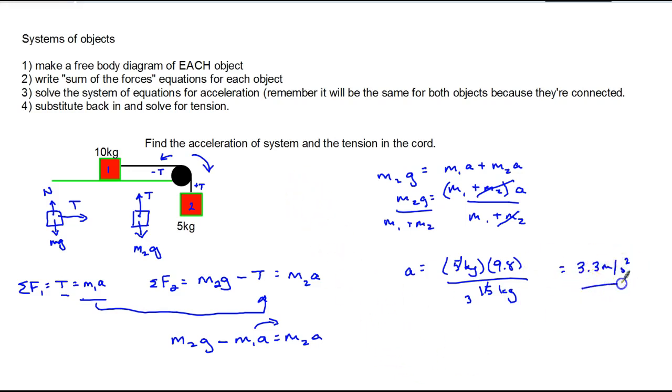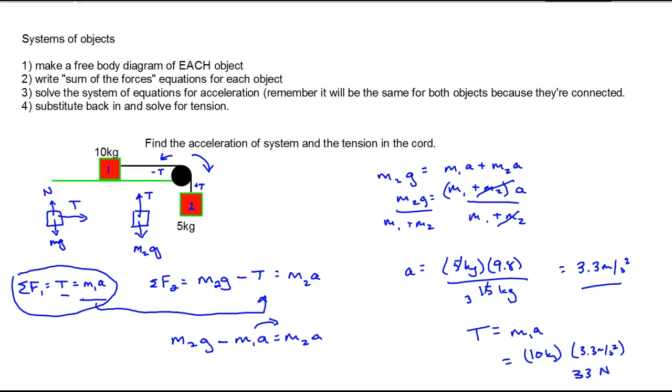And now I need to substitute this back in and find the tension. Into this equation would be the easiest way because tension equals m1a, and that's just equal to 10 kilograms times 3.3 meters per second squared, which is 33 newtons.